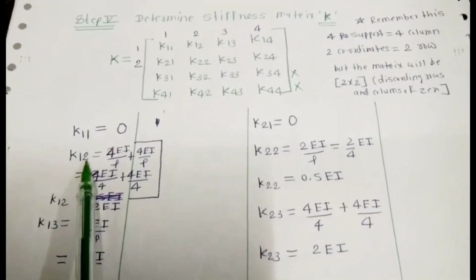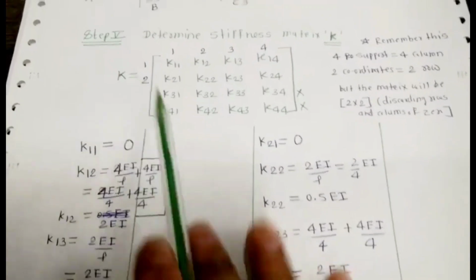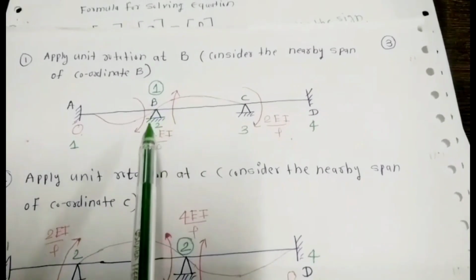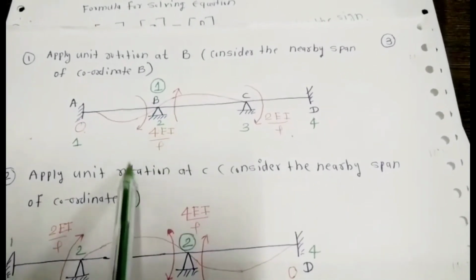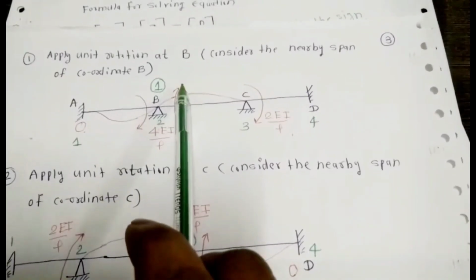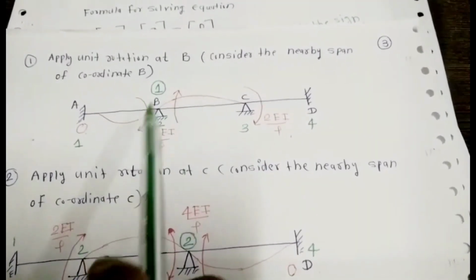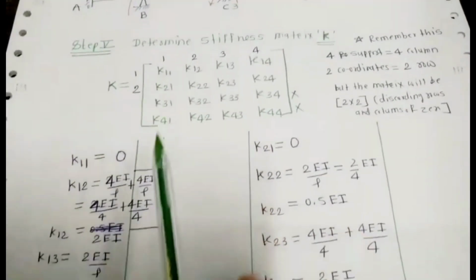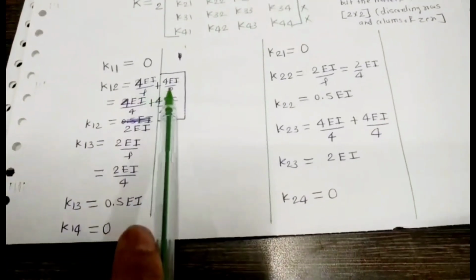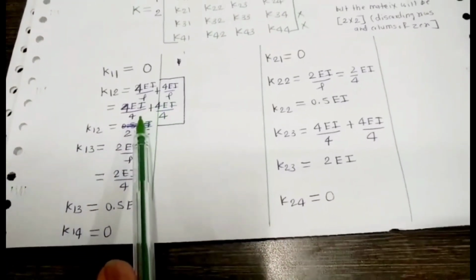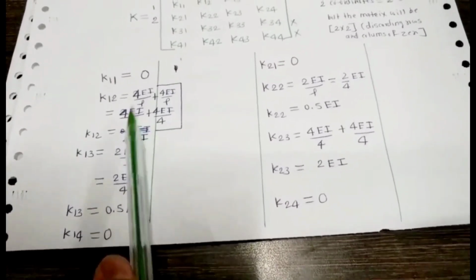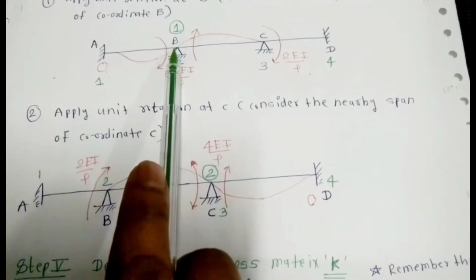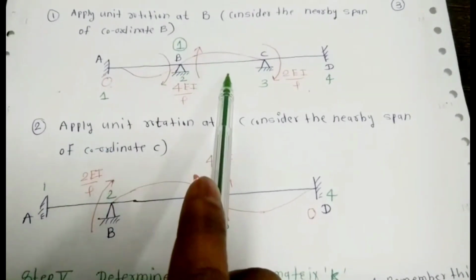Now K12, that is the first coordinate effect on the second point. The effect is 4EI upon L and 4EI upon L. Both are clockwise, hence the addition will be there: 4EI upon L plus 4EI upon L. The span for both BA as well as BC is 4 meter and 4 meter.